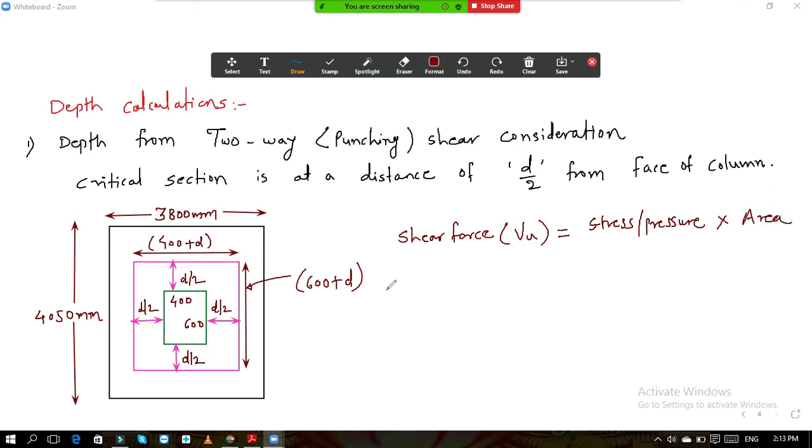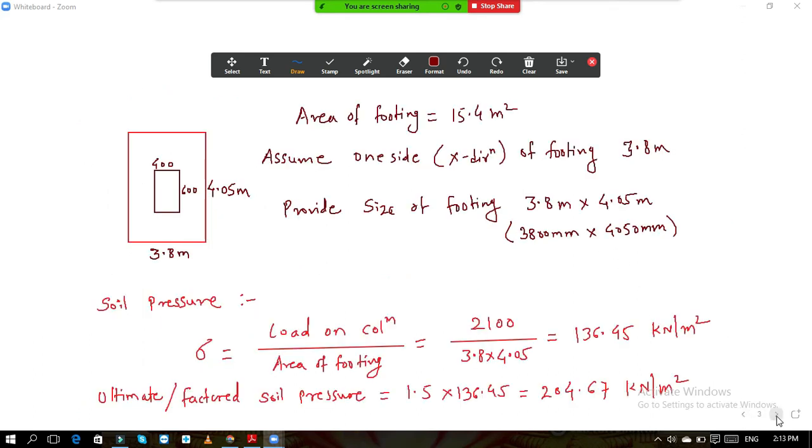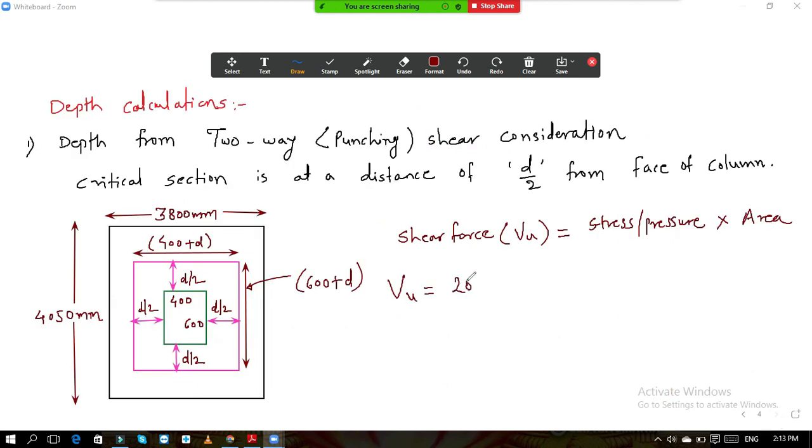Basic formula for force. So Vu is equal to stress, meaning soil pressure. How much is the pressure? 204.67. That is 204.67 stress into area. Now after punching, when the column penetrates the footing, and this is the rectangle through which it penetrates, the remaining area will be this much area. This is the remaining area outside.